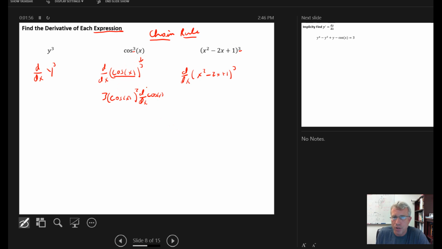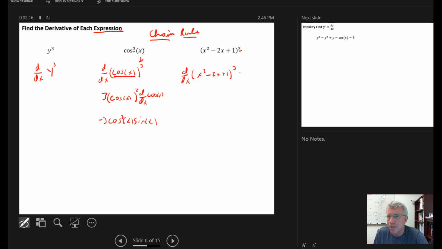And then we would finish this off by taking the derivative of the cosine, which is minus the sine. So we would get negative 3 cosine squared of x, sine x.